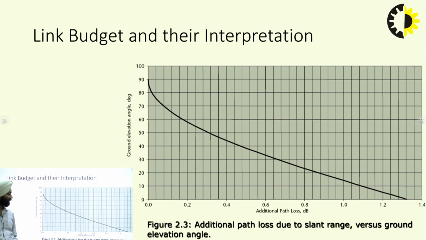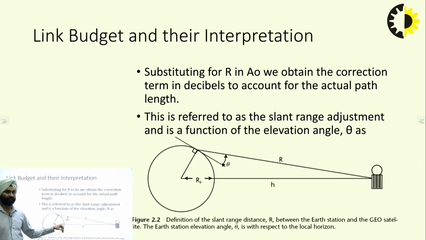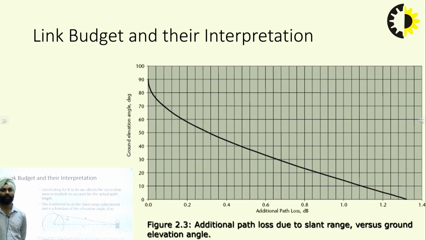That means at 90 degrees, the earth station is approximately directly in front of the satellite. As it moves away from the footprint of the satellite at the center of the earth, it will create more slant range losses.